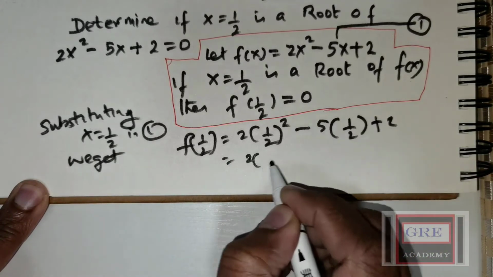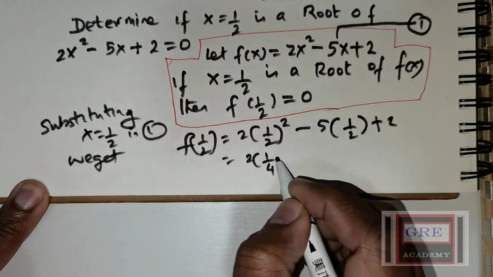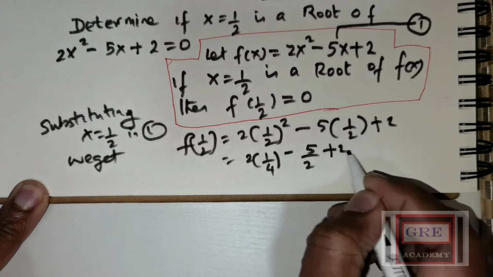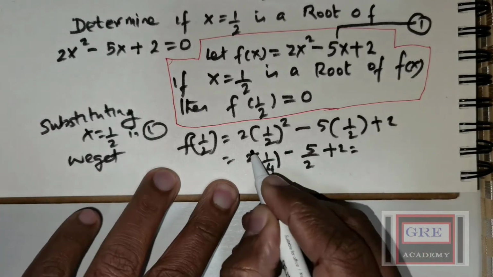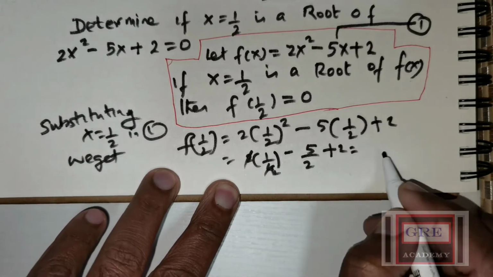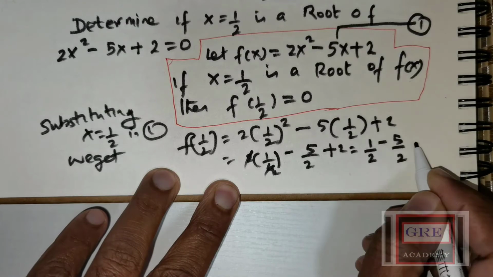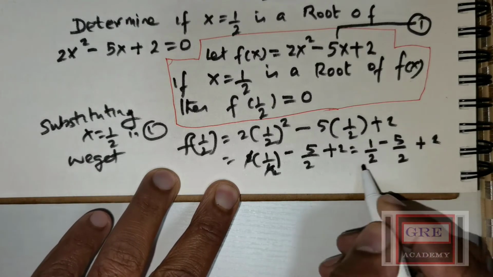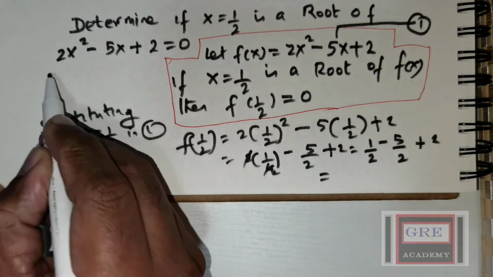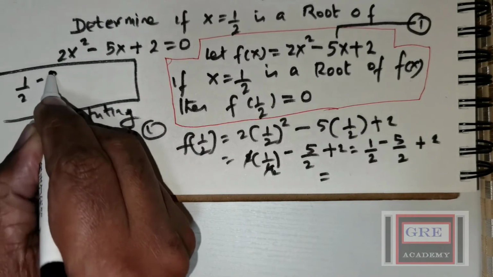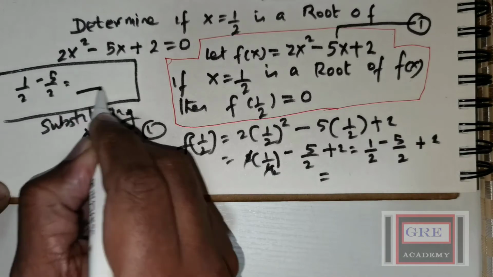This is 2 of 1/4 − 5 of 1/2 + 2, which can be rewritten. Now 2 divides 4 two times, so you have 1/2 − 5/2 + 2. Now if I were to take the LCM, you have 1/2 − 5/2, I take the LCM as 2.